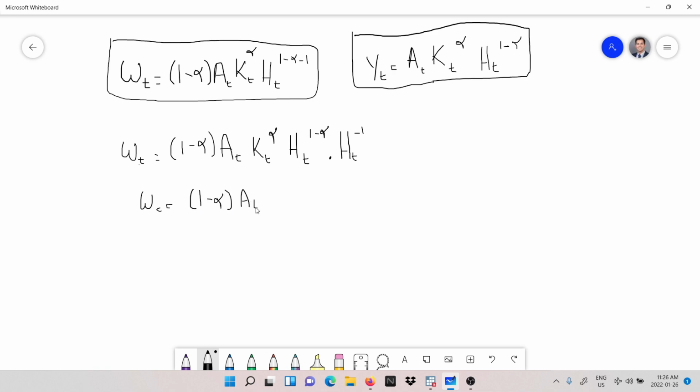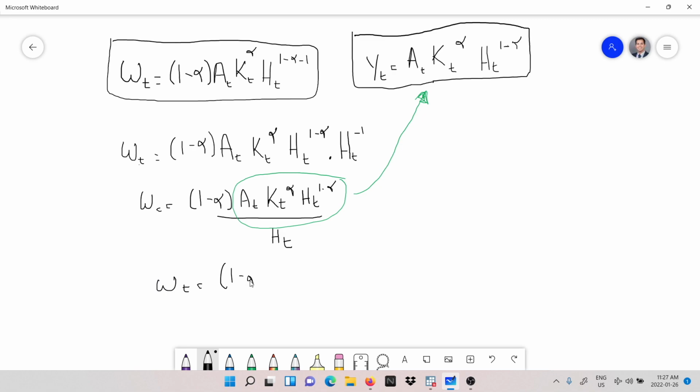So we'll just copy this part, KT^alpha HT^(1 minus alpha), divided by HT. And as we did before, I grab the green, I circle, and this part is the same as the production function. So we can rewrite the equation as (1 minus alpha) times YT over HT.